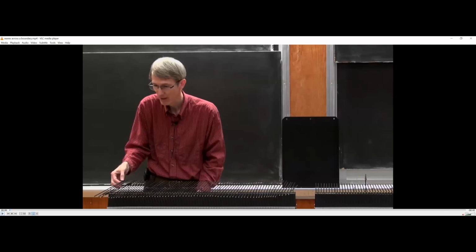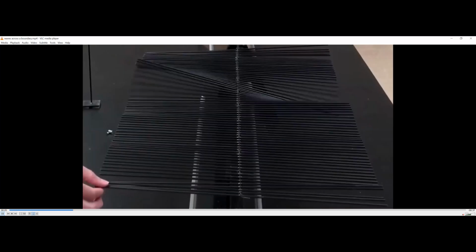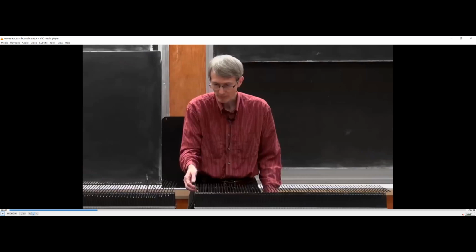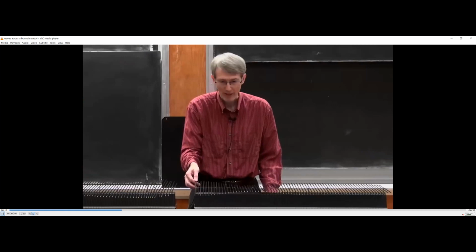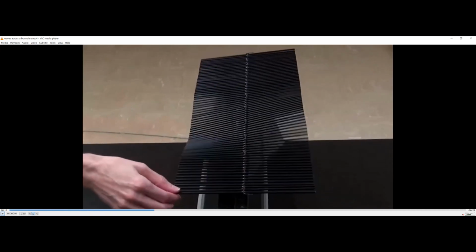Here's his wave speed on the longer rods. Okay, now here's the shorter rods. Now pay attention to the wave speed. You could see it's much, much faster, just like we talked about.